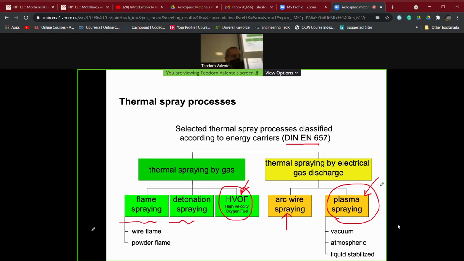The spray process by plasma can be performed in an environment where we have established a vacuum, and this is called vacuum plasma spraying, or in an environment in which we have the standard atmosphere, and this is called atmospheric plasma spraying, or, that's a very niche case, the case in which we have a closed chamber in which we put a pressure which is higher than the atmospheric pressure, and in which we can have also an inert environment, and this is the area of high pressure plasma spraying.